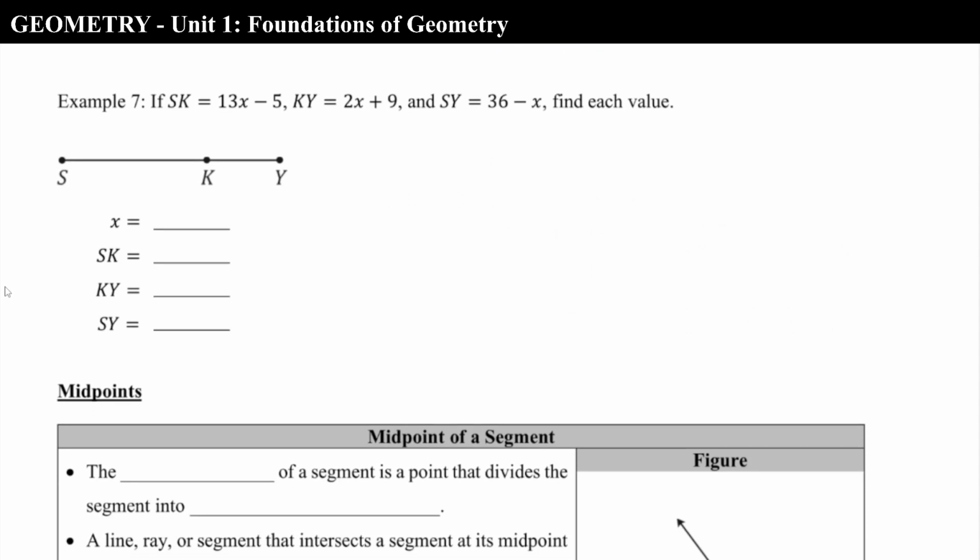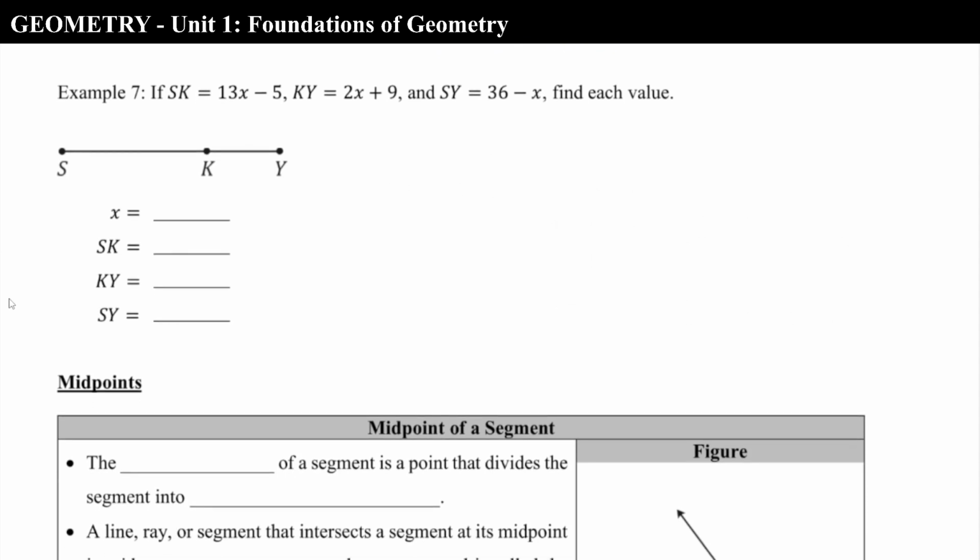For example 7, we're asked to find a few things. We're asked to find x and the length of SK, KY, and SY. So, as always, let's start with the segment addition postulate. SK plus KY equals SY. SK is 13x minus 5.